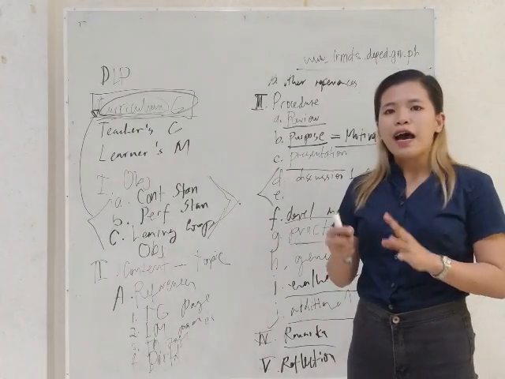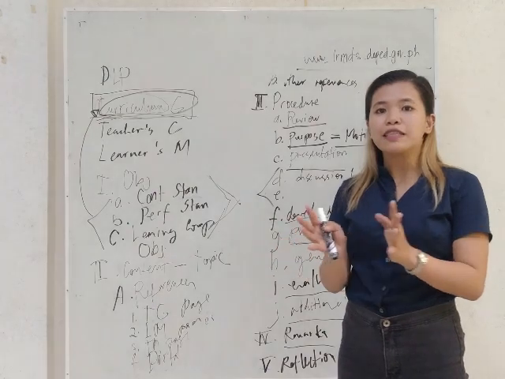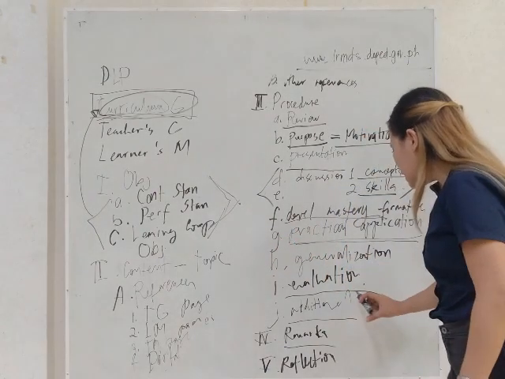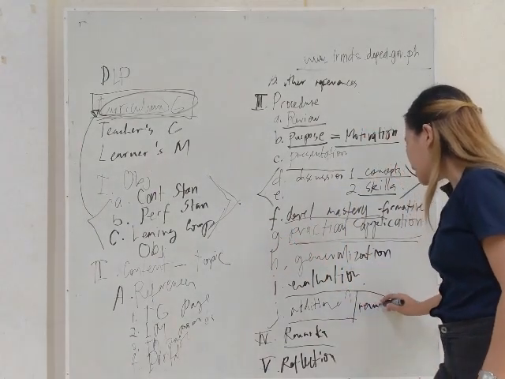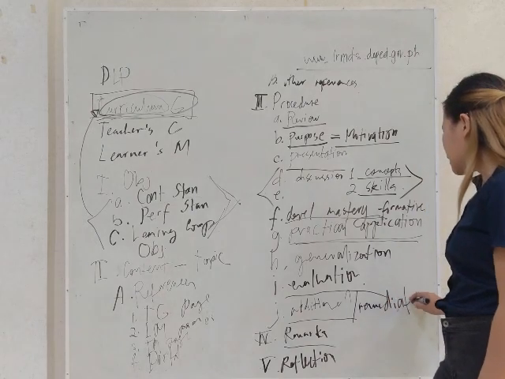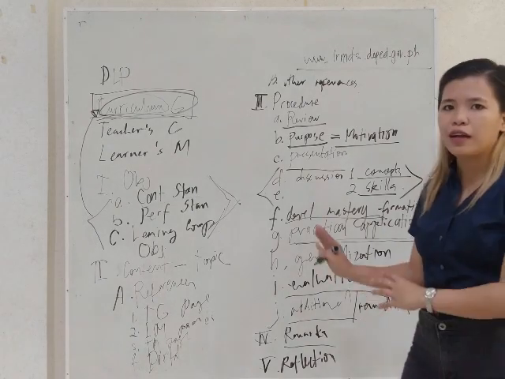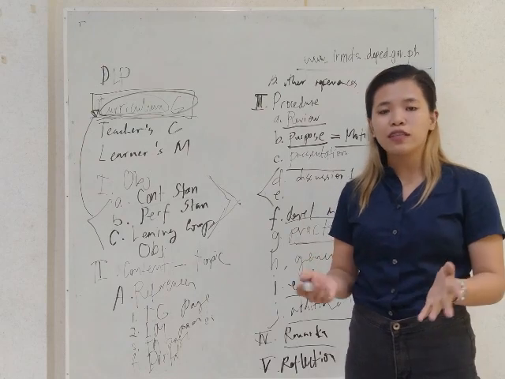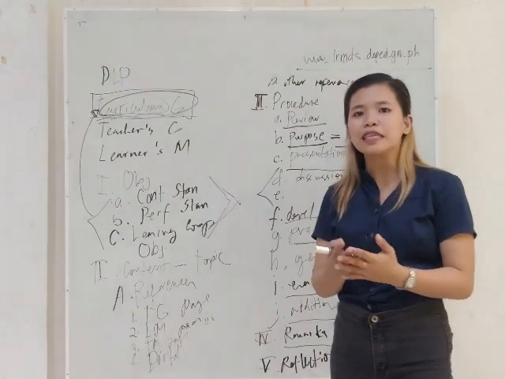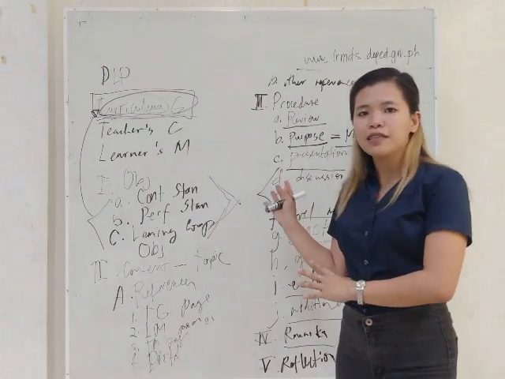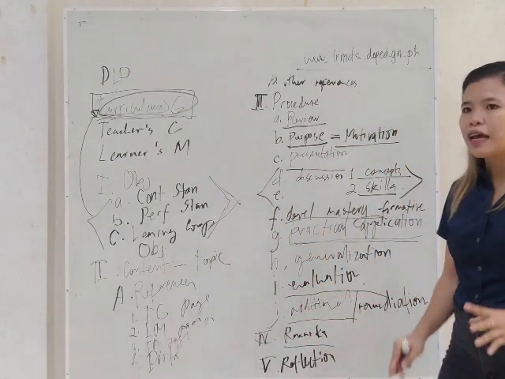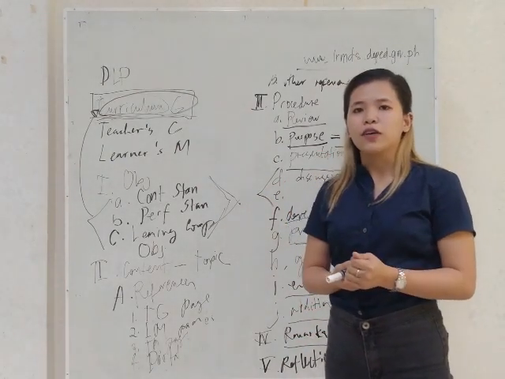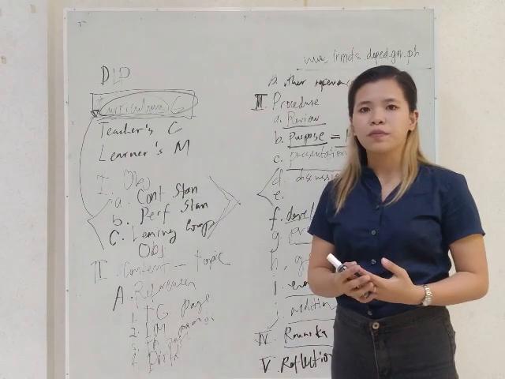Second question, how many students still need remediation? Okay? Here in the additional tasks, you can also insert remediation. So that's the second question, how many of my students still need remedial classes? Next, letter C question, how many have caught up?